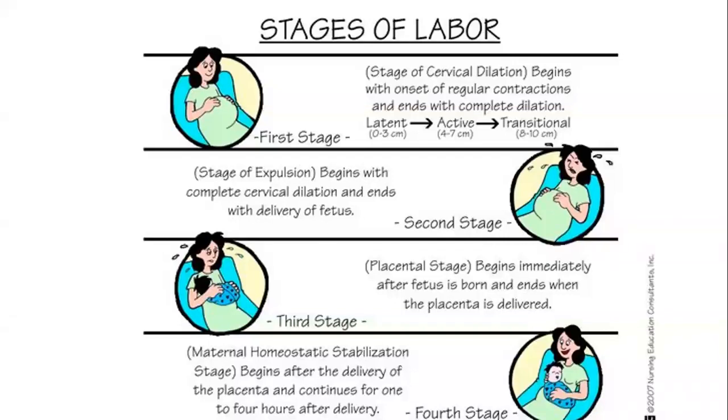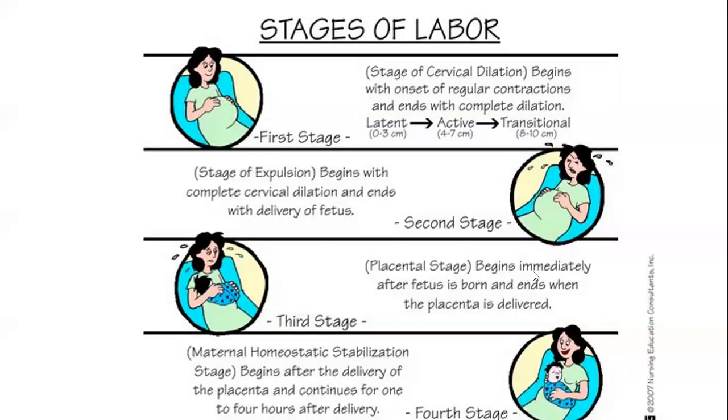So stage 2 is from complete dilation and effacement of the cervix until the birth of the baby. In the second stage, bulging of the perineum is an expected finding. The third stage is the placental stage.